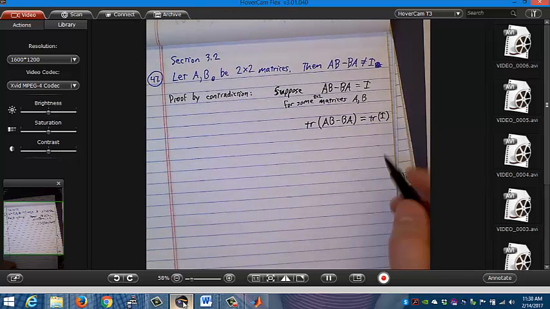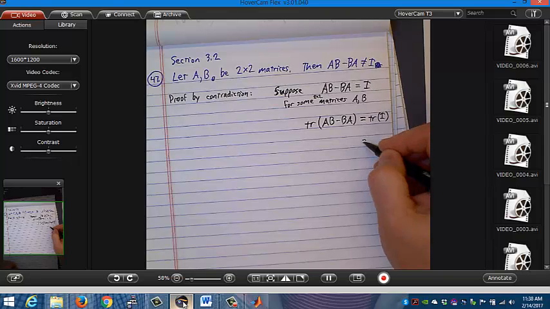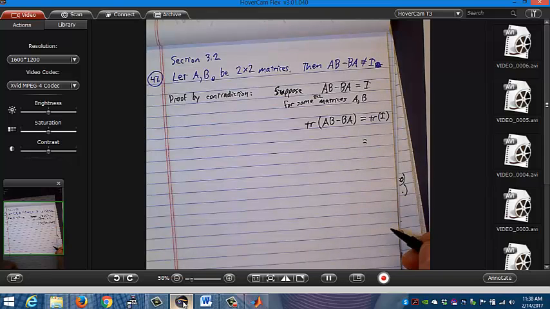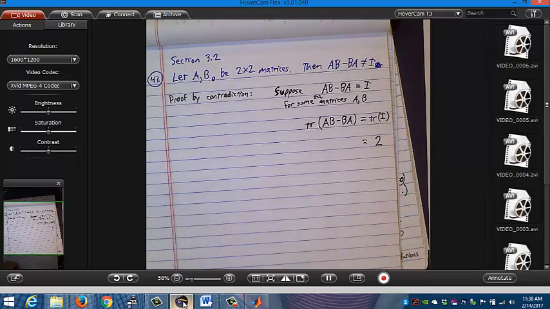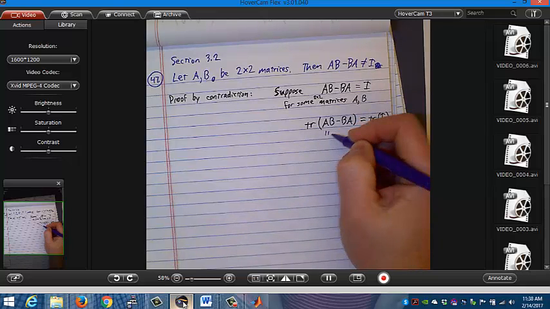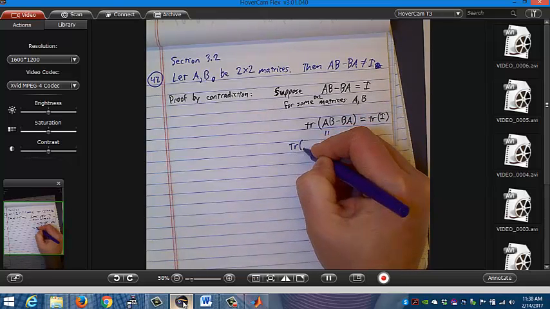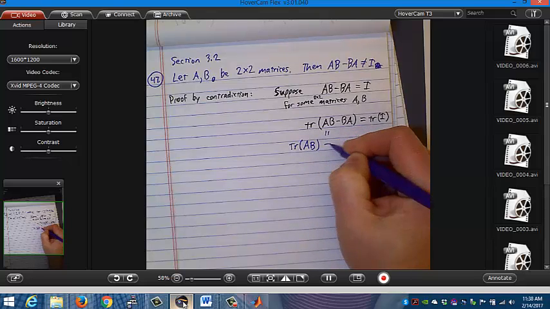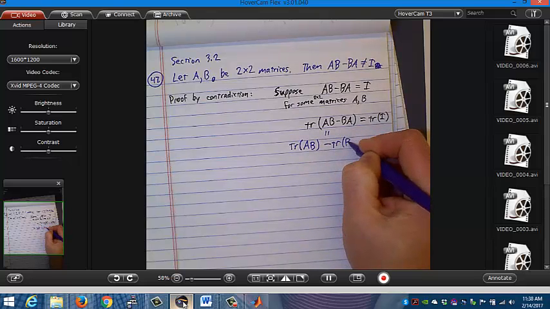Now on the right-hand side, do you know what the trace of I is? It's 2, because we're in a 2 by 2 matrix. 1 plus 1 is 2. What about the left-hand side? Well, any ideas of what I could do? Trace of AB minus BA is the trace of AB minus the trace of BA, right?